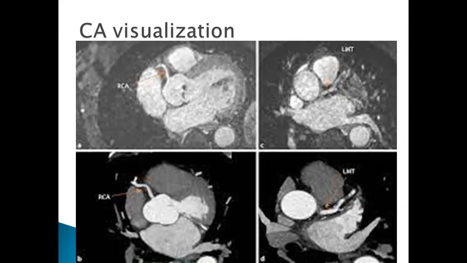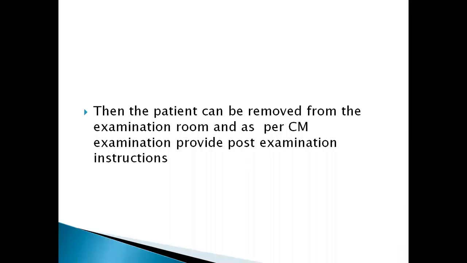So this one is a CT scan that would be said to have poor quality. And the one down below, if you get that, then you know that you'll be able to properly assess your coronary arteries and be able to pick up any pathologies if they are present.